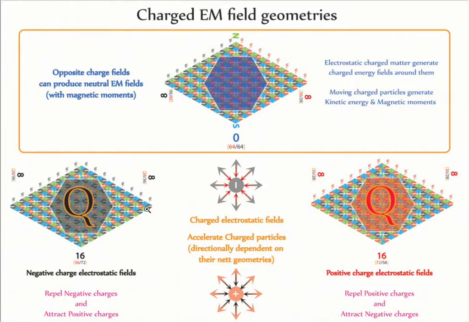Where they superposition, they obviously affect each other in proportion to the strength of each field between the particles that are interacting. And where they're separate, obviously if a charged particle were to move into this field of influence, the energy momenta within that field will affect the motion of the particle, either draw it towards it or push it away, again dependent on the charge of the particle that's moved into the field. In the case of negative charges, negative particles are pushed away and positives are drawn in, and the opposite is true for positive charges.